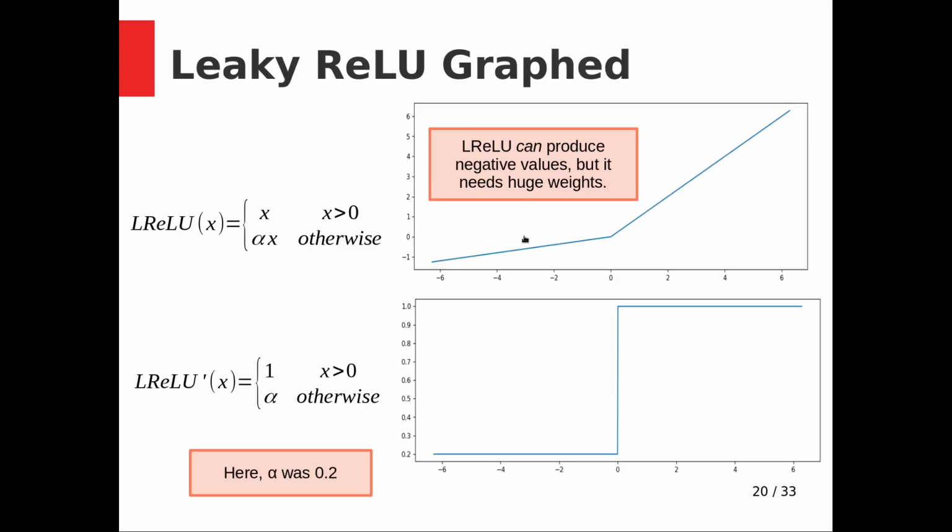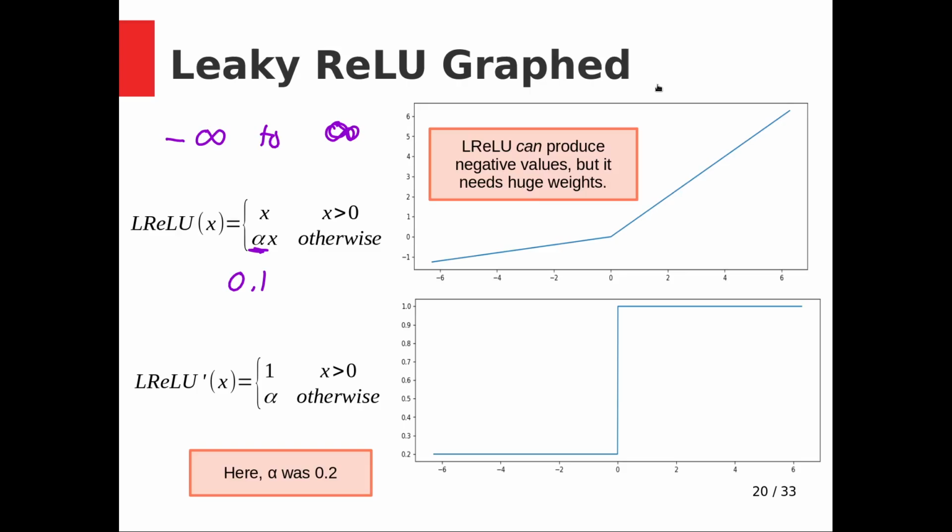So instead of a sort of hard angle, you have this kind of change in slope, where it's shallow and steep. LReLU, unlike ReLU, can produce negative values. This thing technically runs from -infinity to infinity. But a negative output is going to involve exploding weights, because you're multiplying by this tiny number.